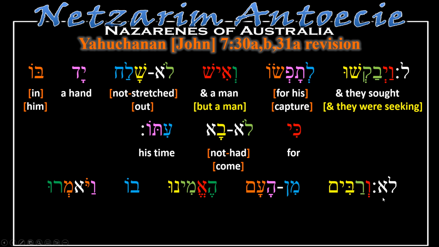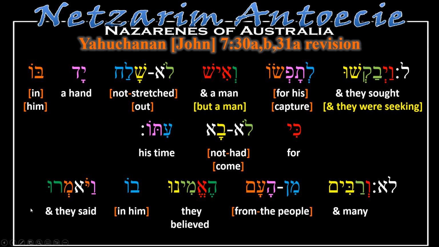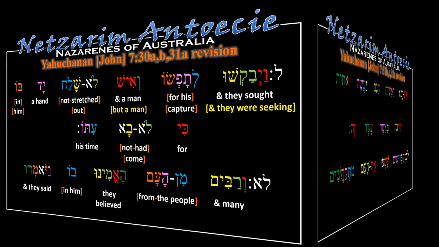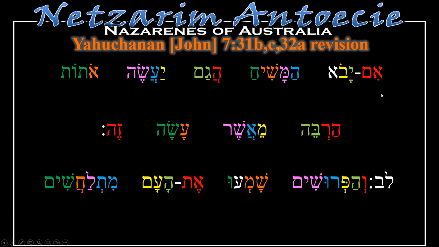And we have Lamed 30, Aleph 1. Verabim, and many, men from ha'am, the people, he'eminu, they believed, vo, in him, vayomru, and they said, and many from the people, they believed in him, and they said, ha'Mashiach, the Messiah, im yavo, if he shall come, hagam, will also, ya'aseh, he shall do, otot, signs.